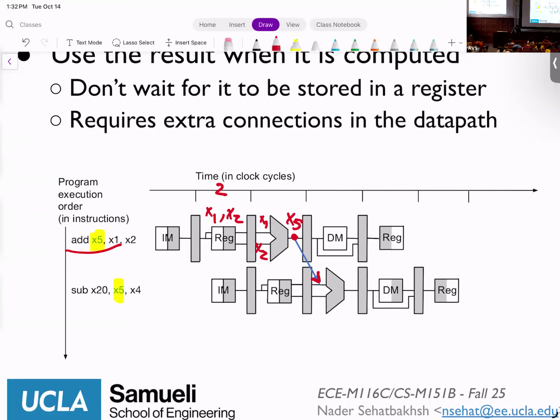Here, I'm reading X1, I'm reading X5 and X4, but this is the old value of X4, because I haven't updated the register file yet. So if I just move on with this value here, this will be wrong, because this is the old value. But if I somehow reroute this number, X5, and insert it here, then I'm good to go. So that's basically what happens here.